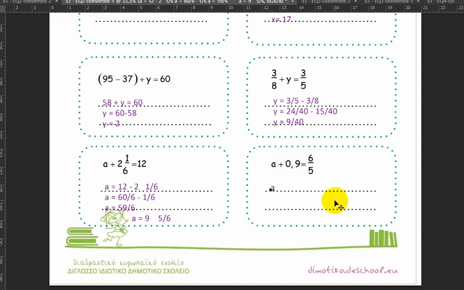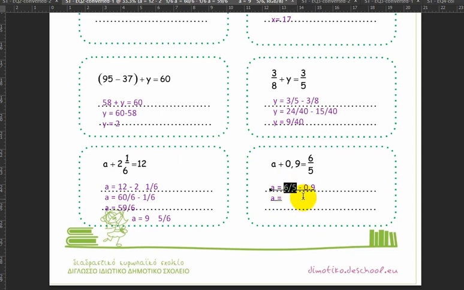Next, we have a plus 0.9 equals 6/5. So we'd have a equals 6/5 minus 0.9. All right. So we first need to turn the 0.9 into a fraction. If you did it the other way, where you could turn this into a decimal number if you wanted to do the subtraction, that's totally possible.